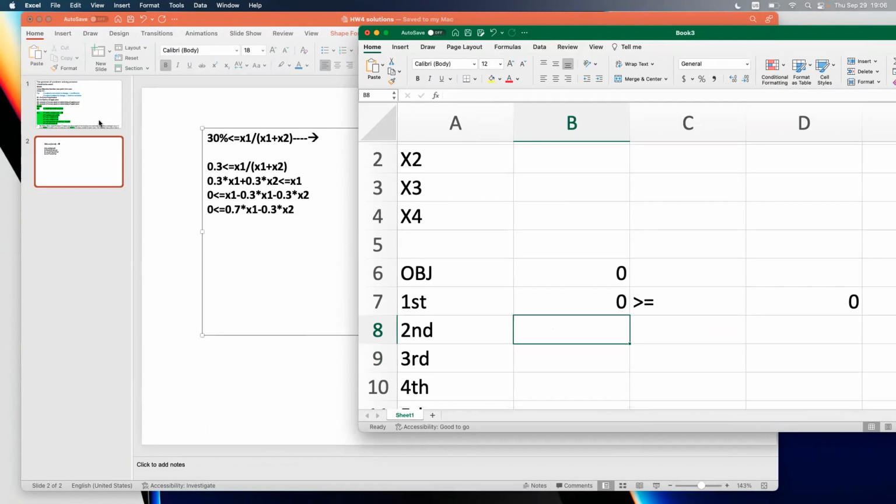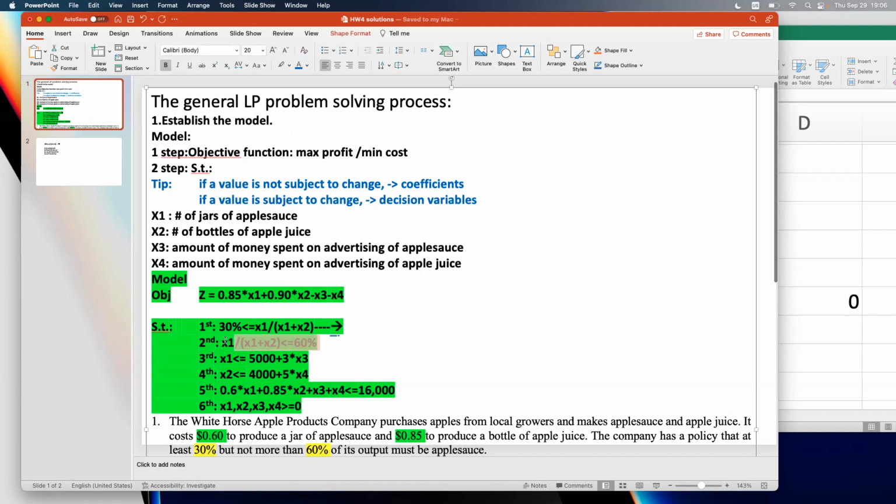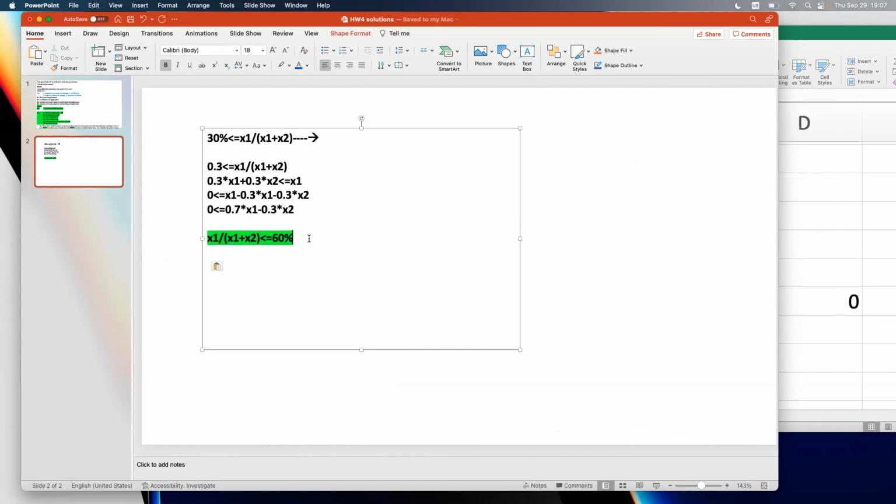And for the second constraint, that's the same thing. Maybe let me demo that one more time. The same thing, multiply on both sides.